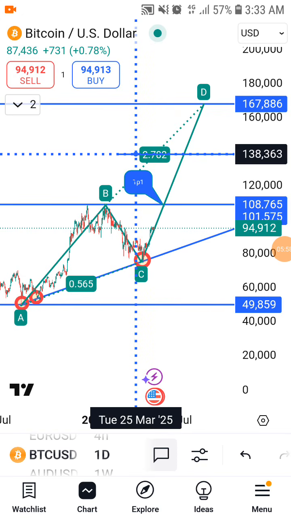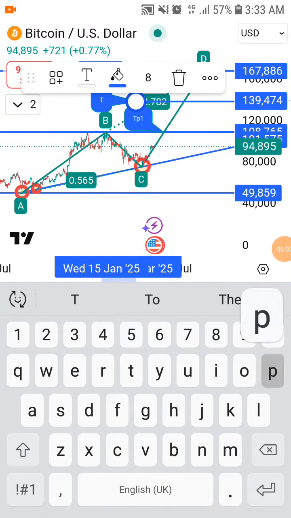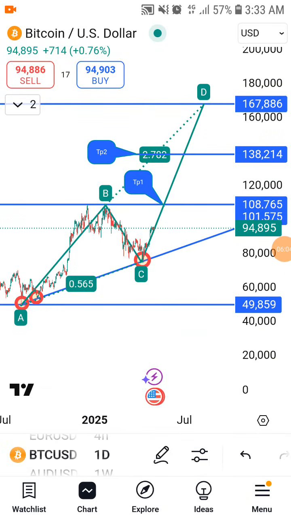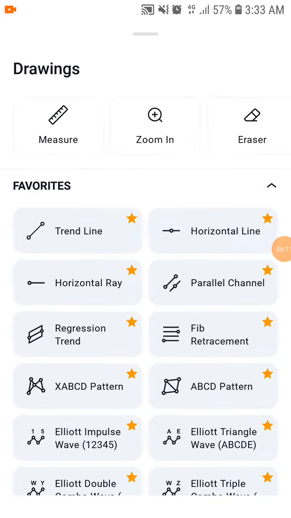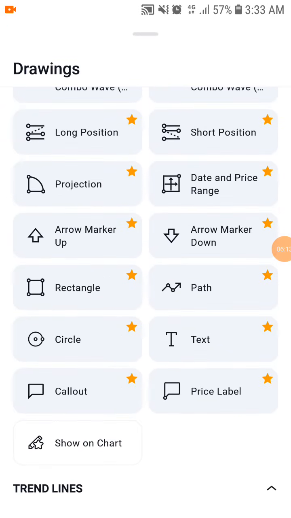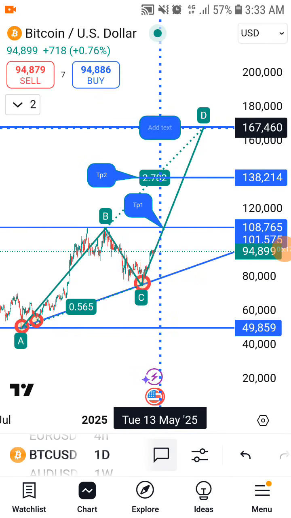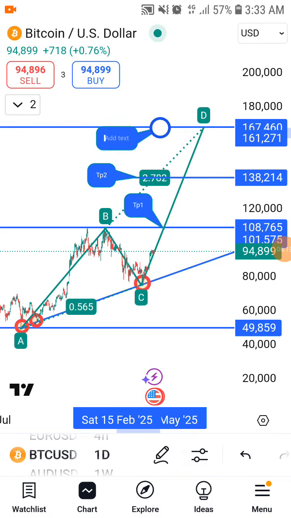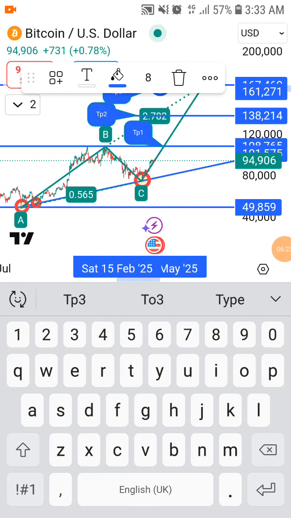Come here again, some traders took off their profit again. Let's say TP2 here, some traders took off their profit and caused another drop, then it comes all the way to this point before we begin to experience another change of direction toward a downtrend again. Let's say TP3. Can you see?